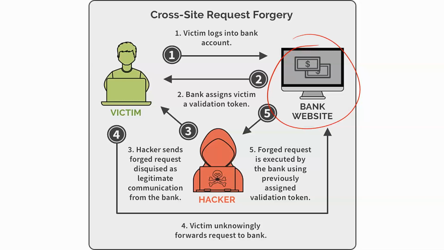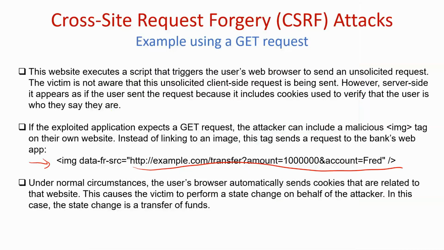When the attacker tricks the victim into clicking on that link and sending them the malicious script, the browser of the victim generates the malicious HTTP request behind the back of the victim, and it will automatically include the session ID or the cookie ID of the bank as it would normally do.